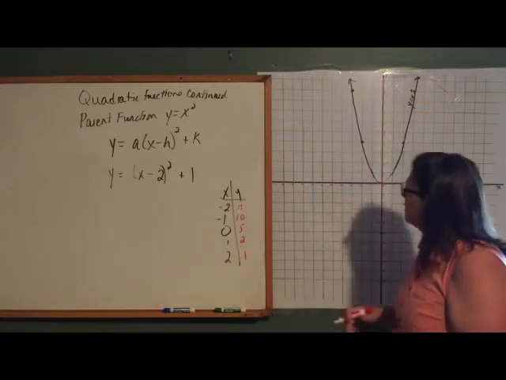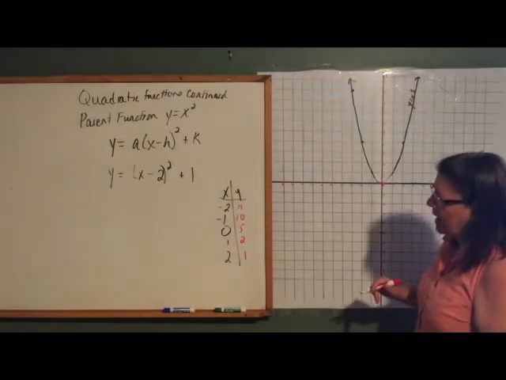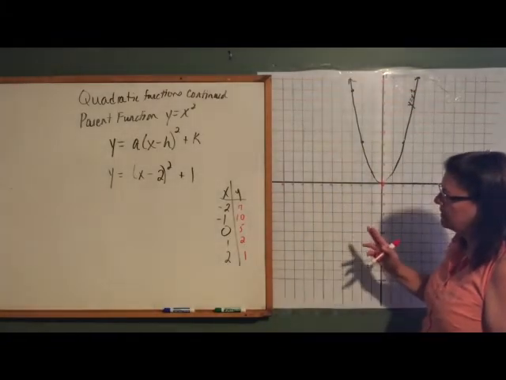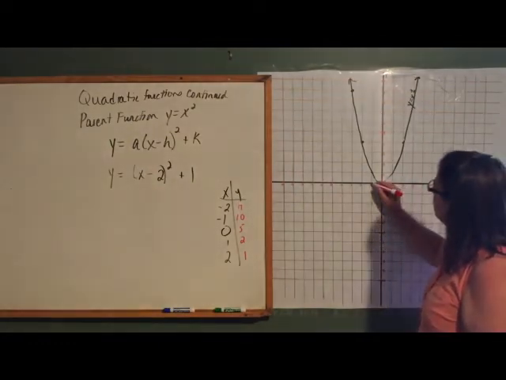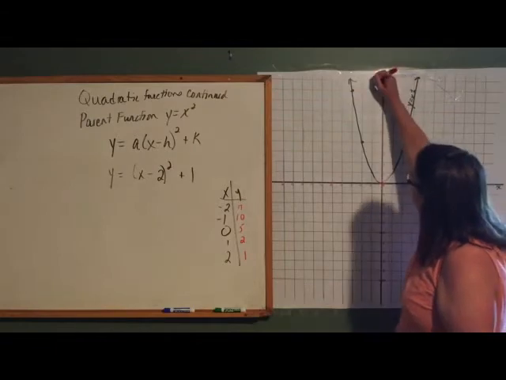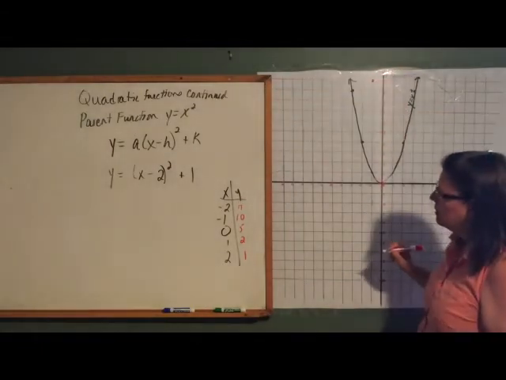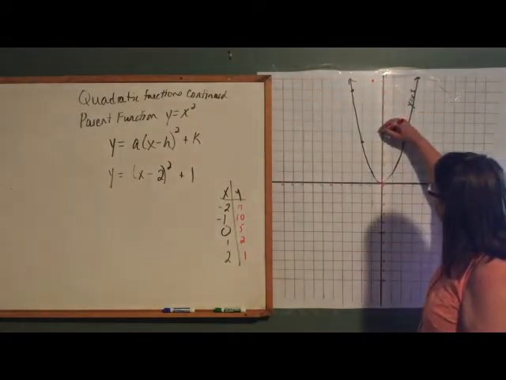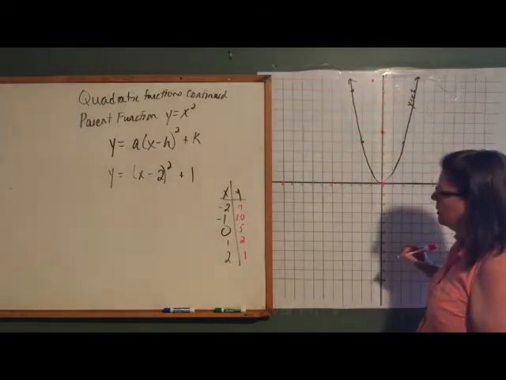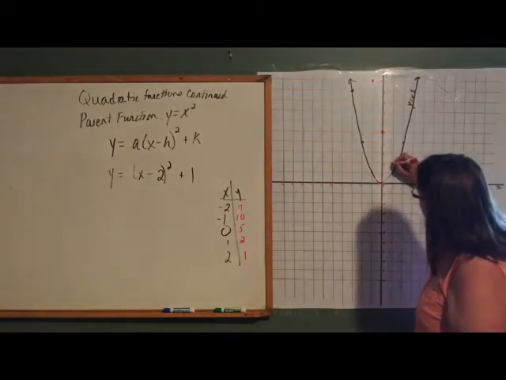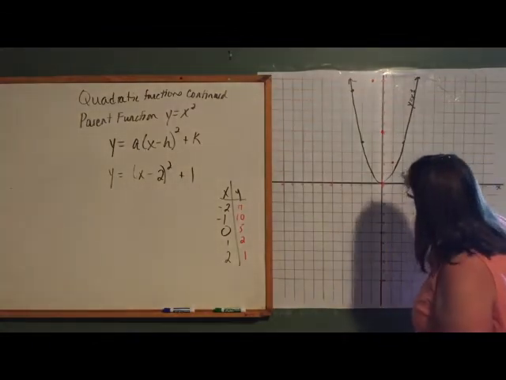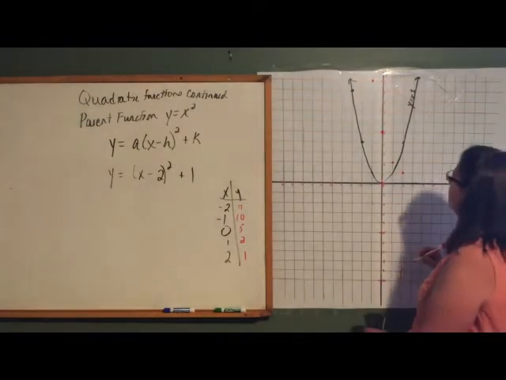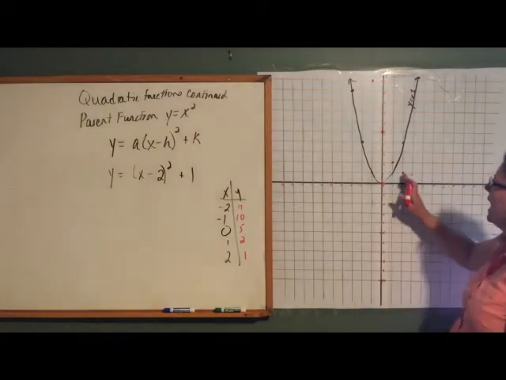Now, if we look at this, I've got negative 2, 17, that's way too big. We can't really graph that. Negative 1, 10 is here. 0, 5. 1, 2. 2, 1. Well, look at what's happening. That's all the points I have.